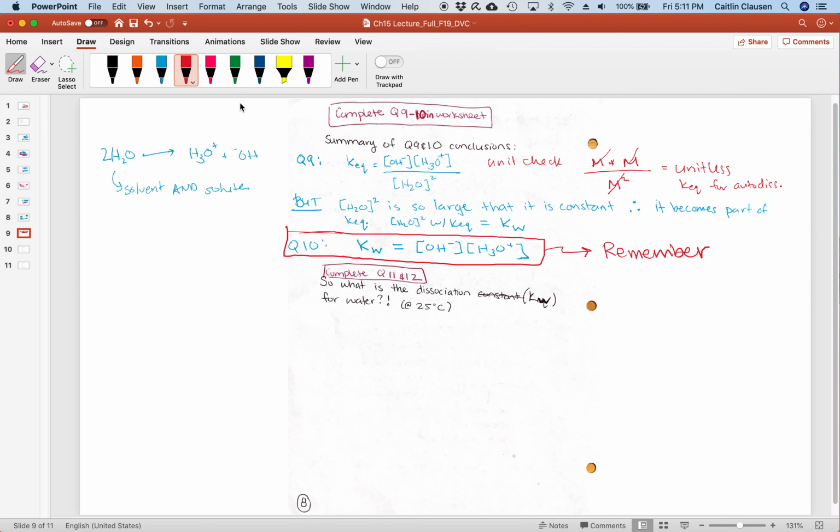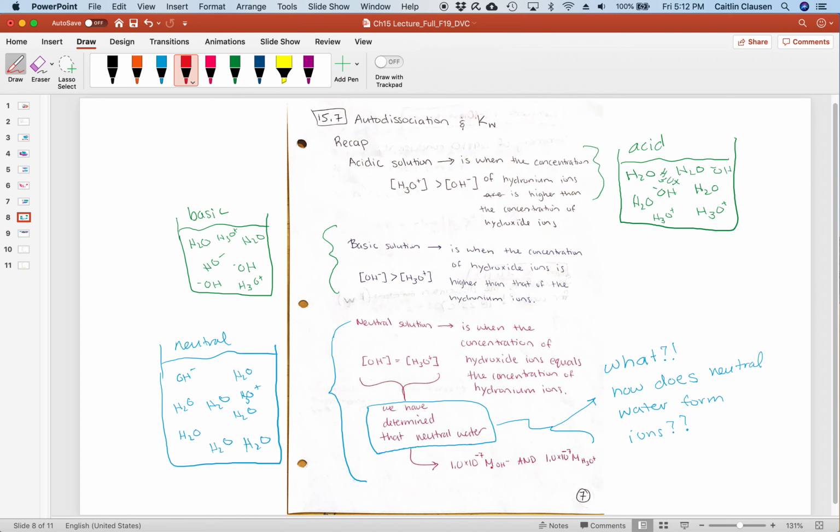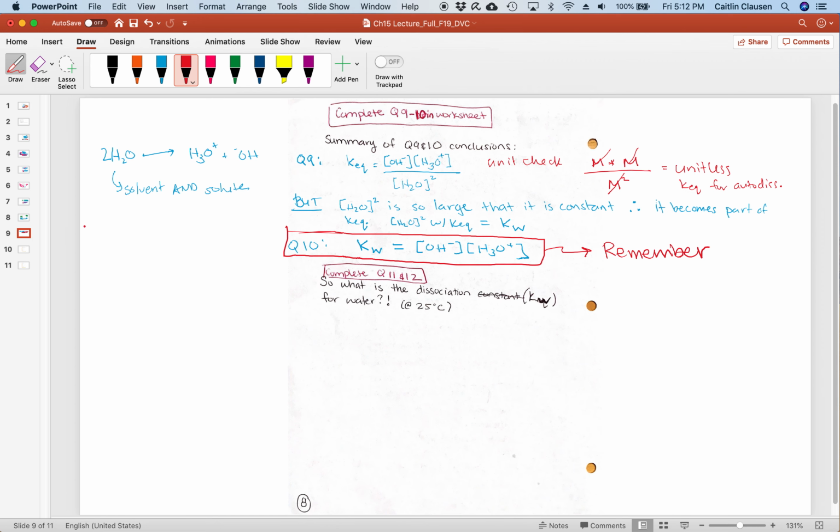So based on the worksheet, and also based on what we know here, on page 7 of the lecture notes, we said that the concentration of hydroxide equals the concentration of hydronium, and that we've determined that value is 10 to the minus 7 molar for each of them.